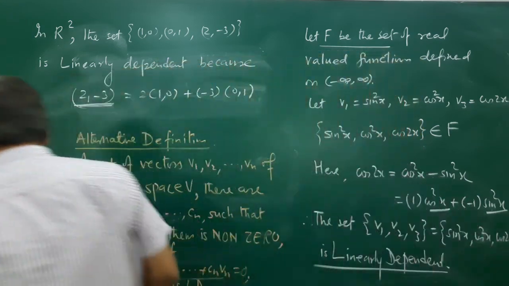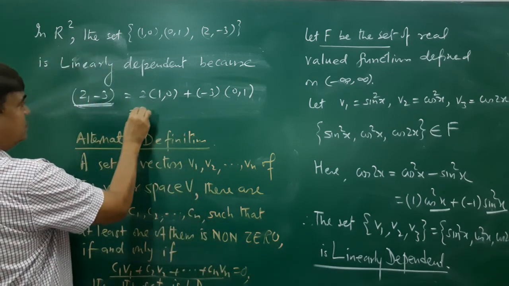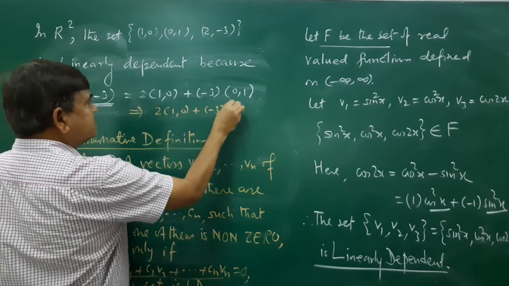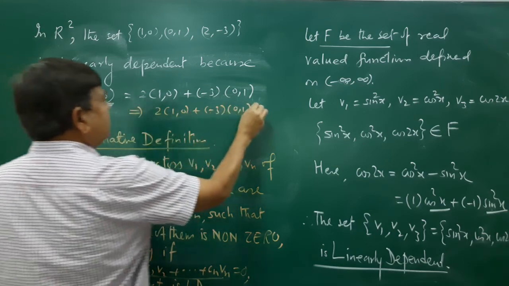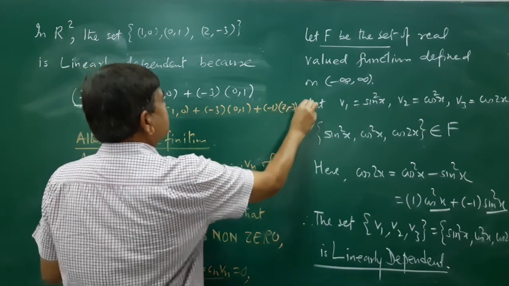So here you see the example, you can verify this. I write 2 times (1,0) minus 3 times (0,1), and this I write minus 1 of (2,-3) equals to 0.